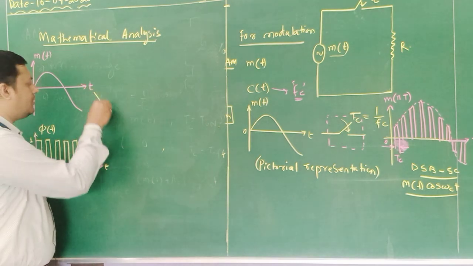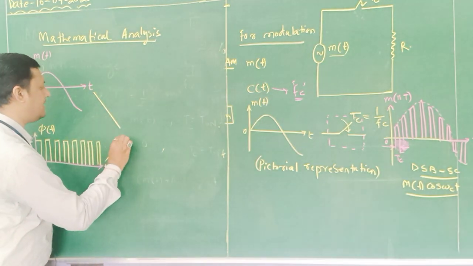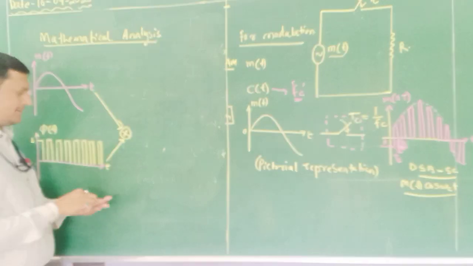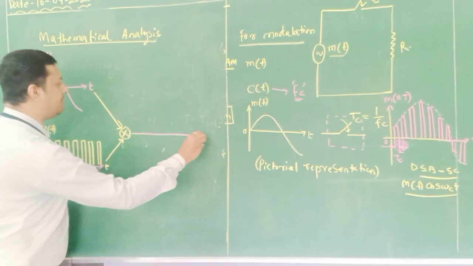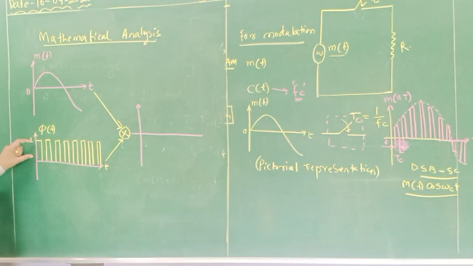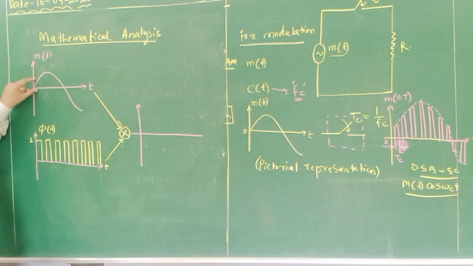Okay. Now what I will do, I will provide these two signals to a mixer. Now the output of this mixer, what will it represent? Since the pulse train amplitude is 1, this will multiply with respect to this modulating signal. Okay.